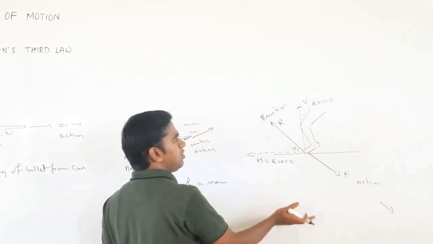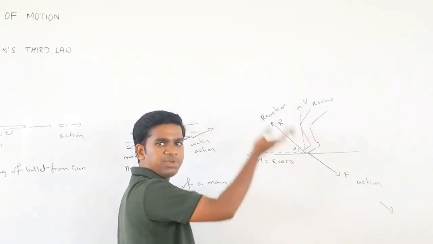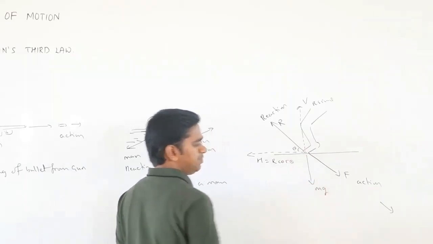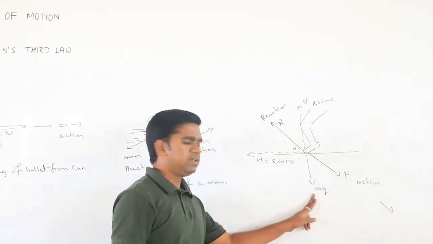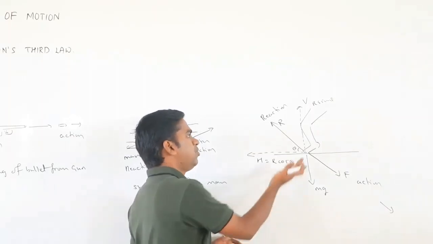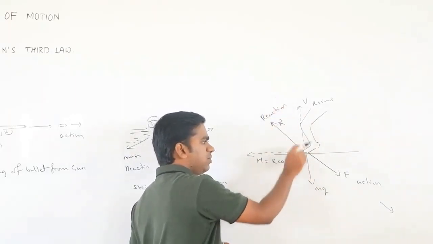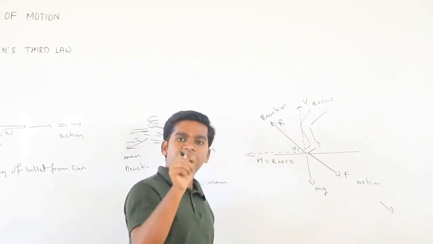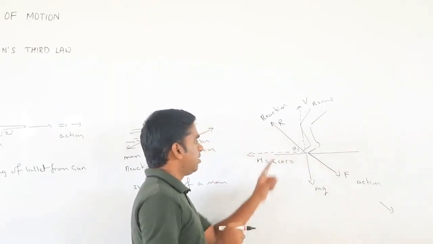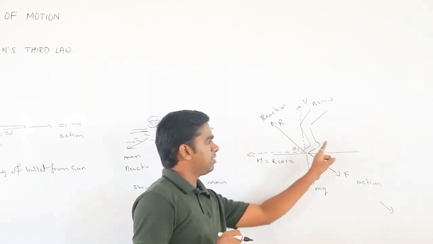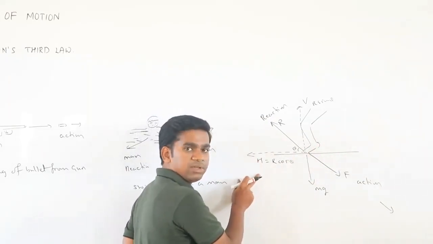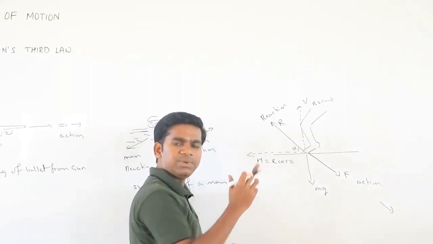You are not moving upward while walking because that will be balanced by your weight mg. The upward reaction and your downward weight will be balanced. So you will not move in the upward direction because of the reaction of the earth. But you will move forward because there is no backward force. Because of the reaction component along the horizontal direction, you can walk.